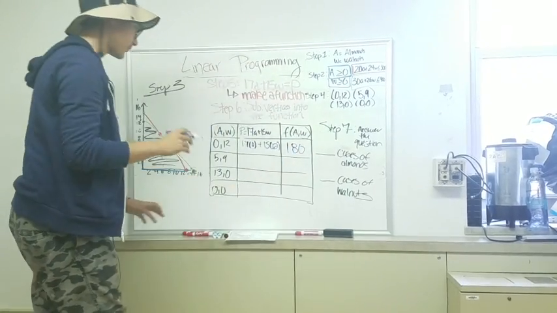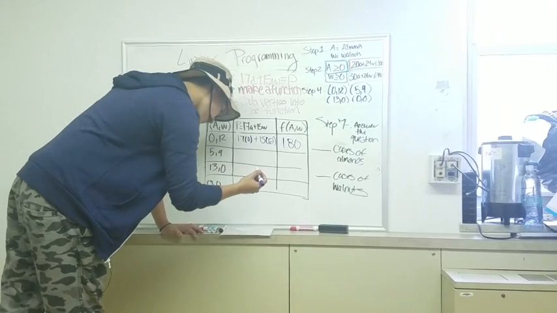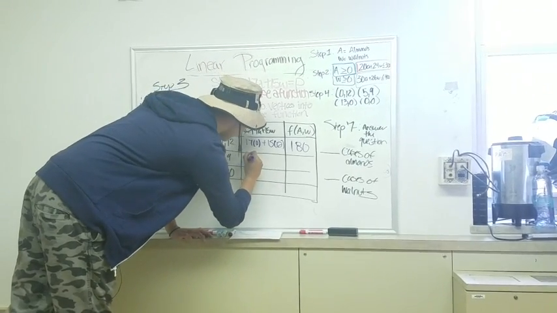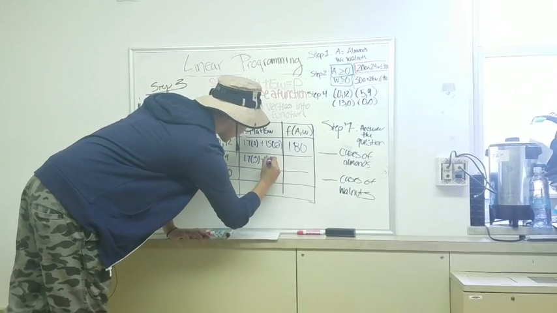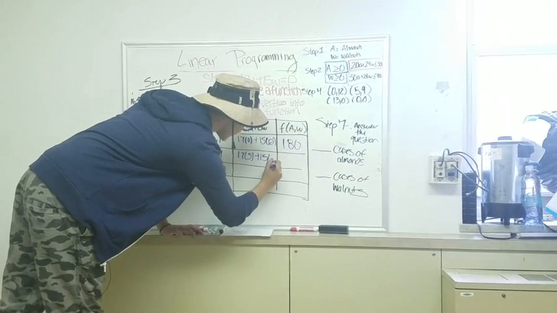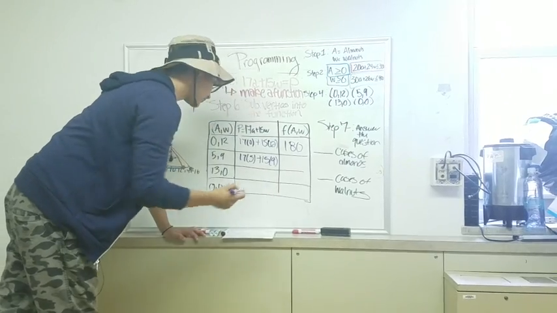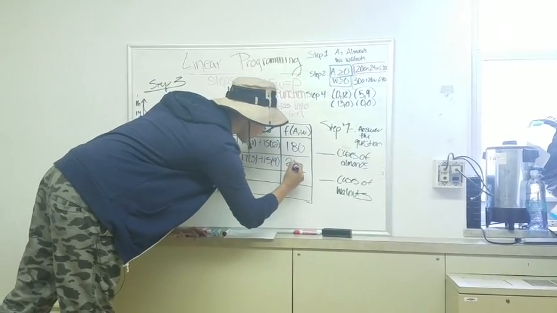We're going to do that for each of the vertices now. 5 into this one, and 9 into this one. And this one adds up to 220.